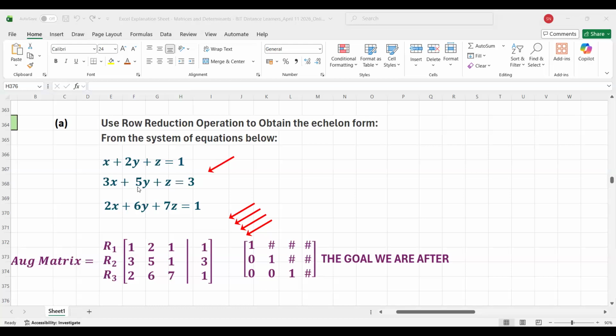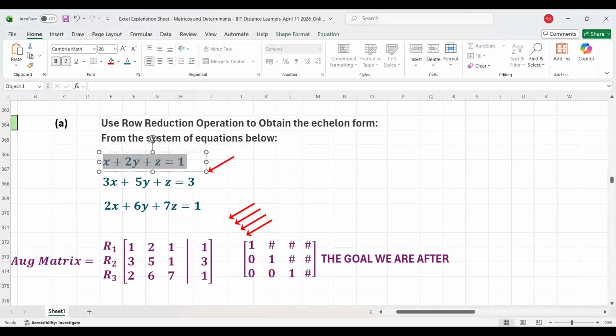What is our step one? Our step one is, we want to solve example two. We form the augmented matrix.